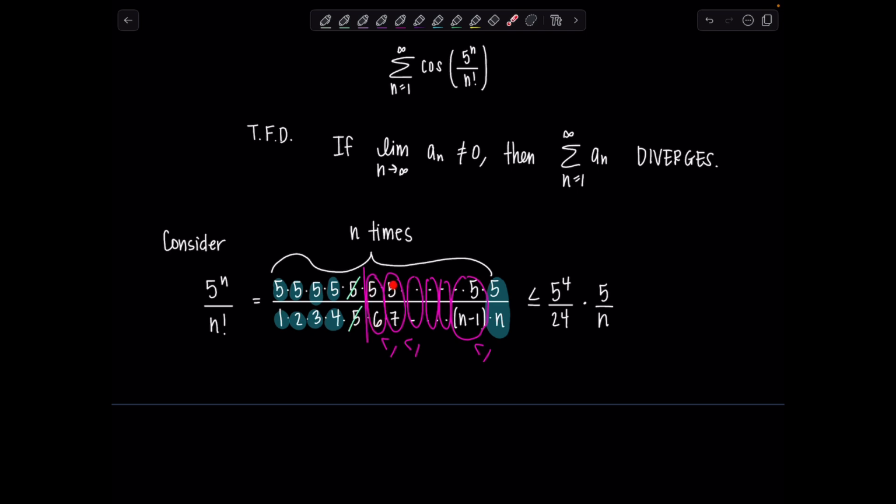Since all of the circled pink pairings, all of those factors are less than 1, I can say this entire product is going to be less than or equal to everybody not circled in pink: 1, 2, 3, 4 powers of 5. This one canceled. 1 times 2 times 3 times 4, that's 24, as well as 5 over n. Everything here is less than 1, so I can say this is less than or equal to all the rest. Why is this important?